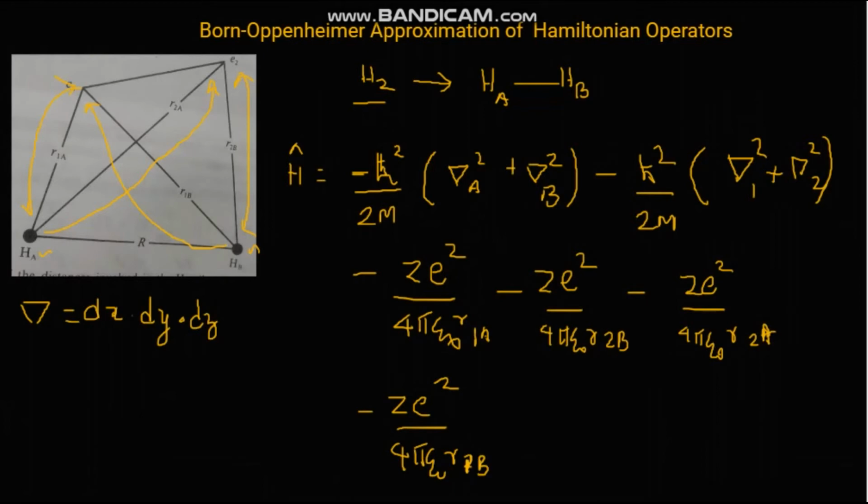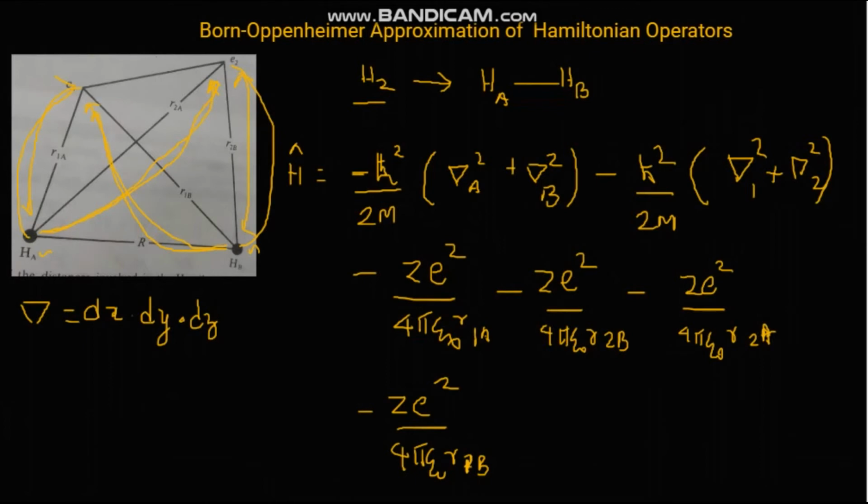So there are four attractive energies. What are the four attractive energies between nucleus and electron? This one, this two, this one, three, and the final one four. So these four attractive energies are also added. Everything is given in negative because they lower the energy.